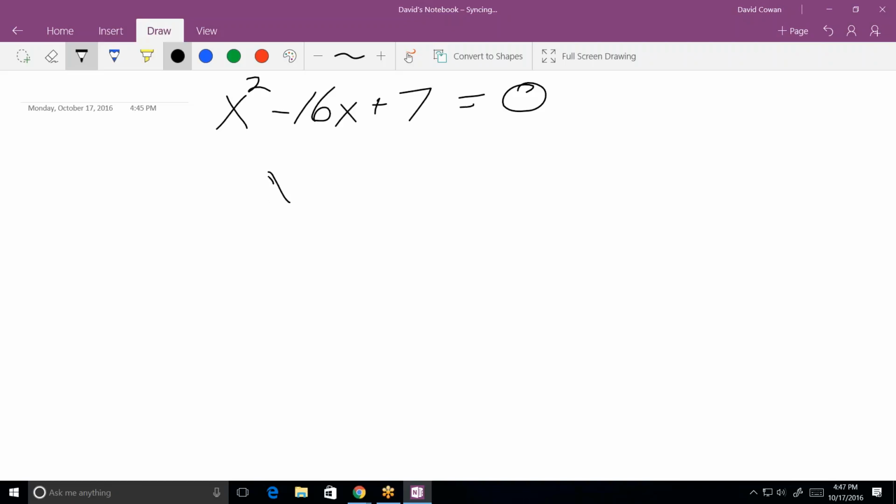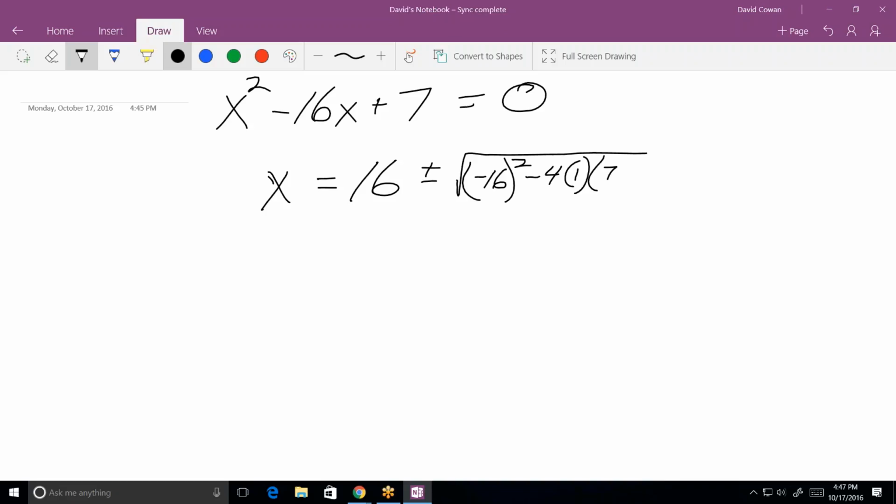So tell me how to do it using the quadratic. Alright, so x equals 16 plus or minus the square root of negative 16 squared minus 4 times 1 times 7, over 2 times 1.